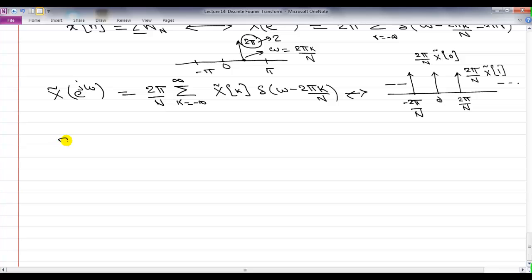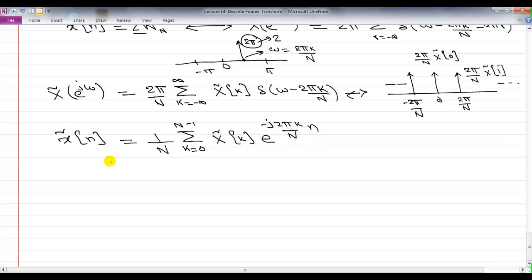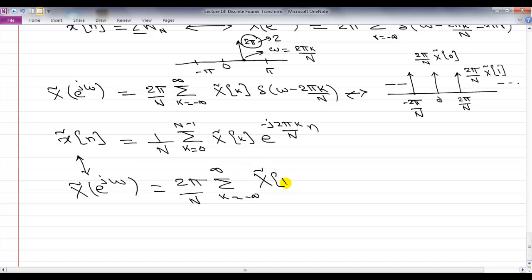But effectively, if we are given a periodic sequence represented in this discrete Fourier series form, then effectively what we are saying is that the DTFT of that can be expressed as 2 pi over n times summation k from minus infinity to infinity x tilde of k delta of omega minus 2 pi k over n. Okay.